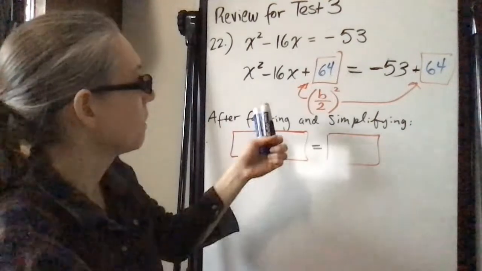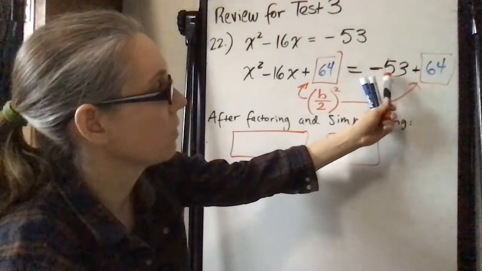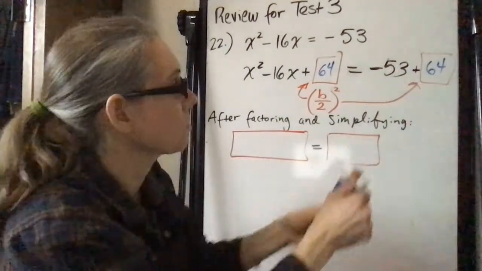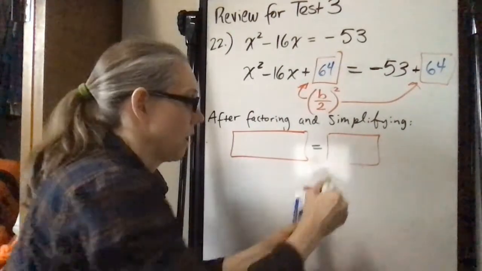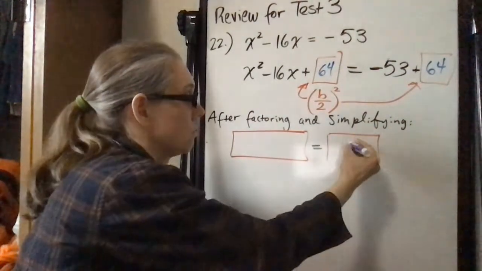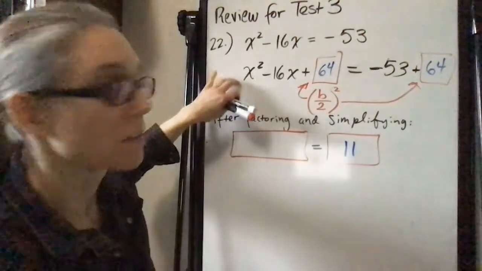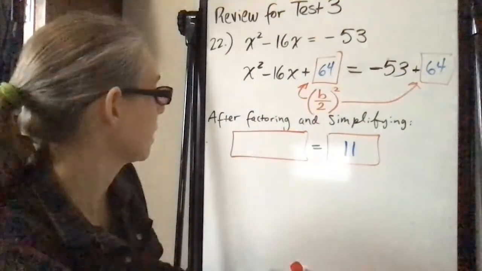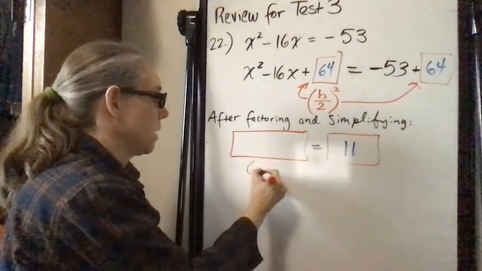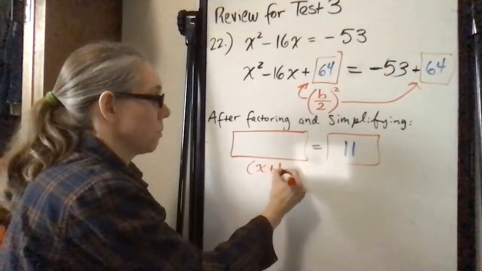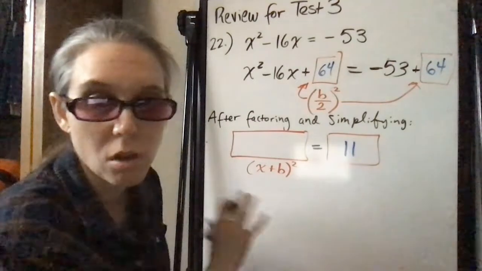Of course, simplifying, negative 53 plus 64 gives you 11. But on the left-hand side, we're supposed to factor this. And the factorization here is always going to be x plus b over 2, quantity squared. It will always be that.